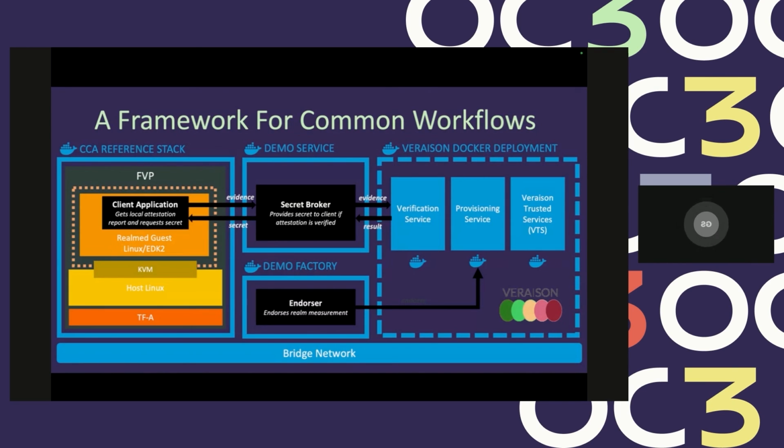These then provide the reference claims, the measurements, and the trust anchors that Veraison needs in order to appraise a piece of attestation evidence coming from the realm. Again, all of these pieces are containerized for convenience, and the containers can share a bridge network to facilitate the remote communication between the components and the services. Everything can still run on a single developer laptop.